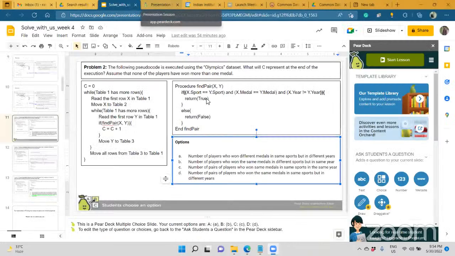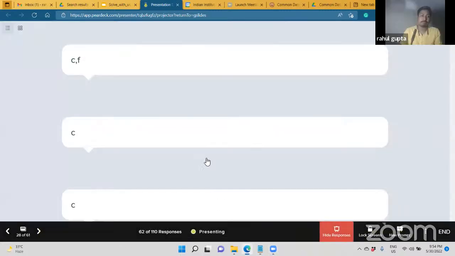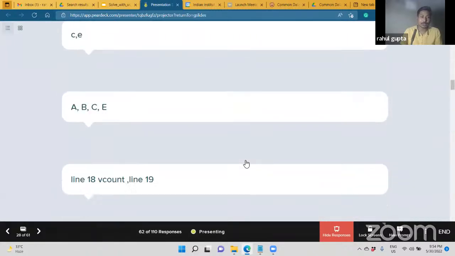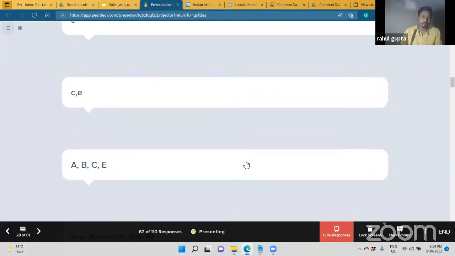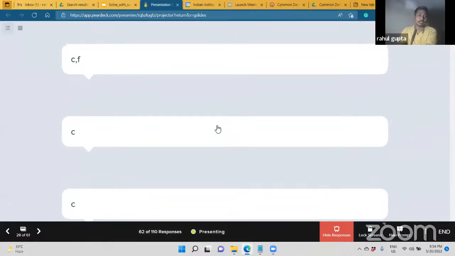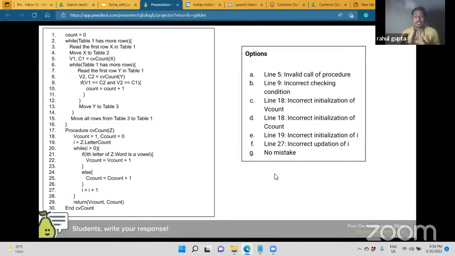Okay, so this is the problem with the multiple choice, multiple select questions. Let me do this. How many of you think that line 5, option A is correct? No one.